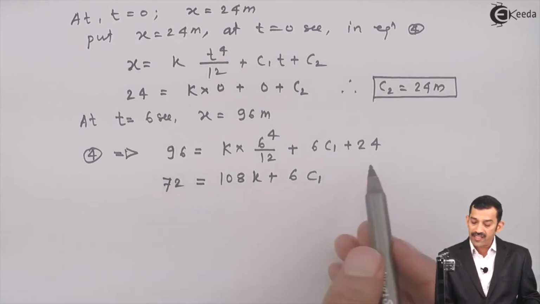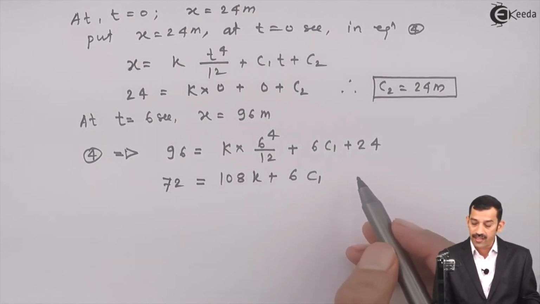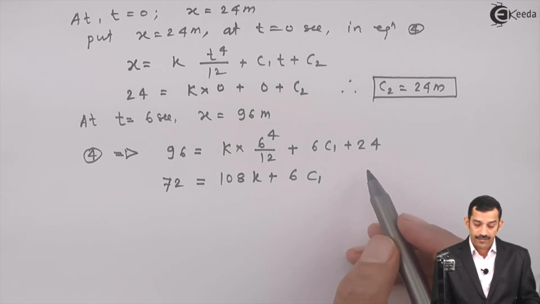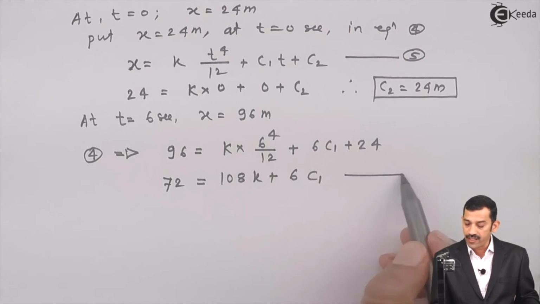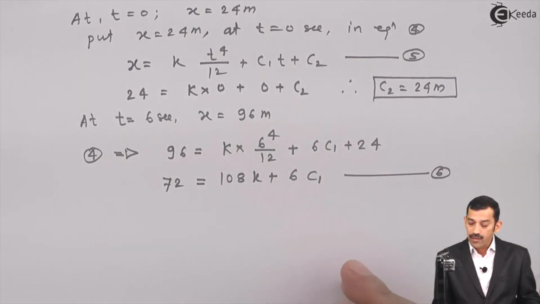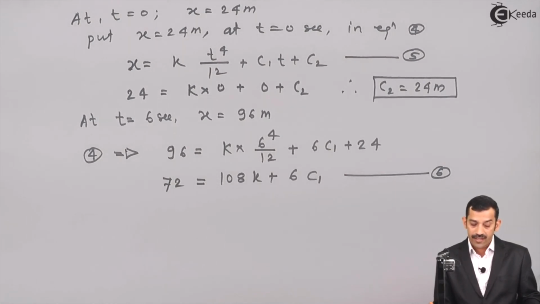This is equation number 6, the relation between k and c1. Similarly, one more relation between k and c1 is equation number 3.